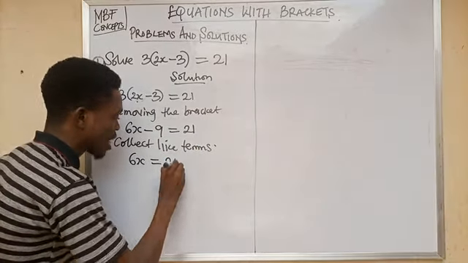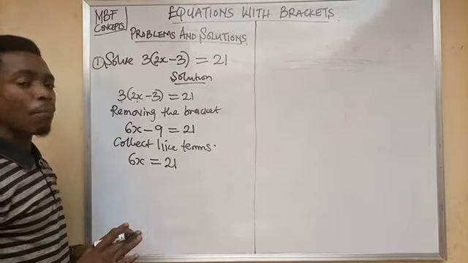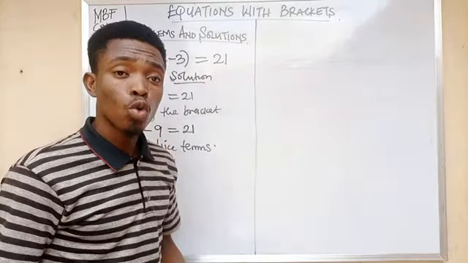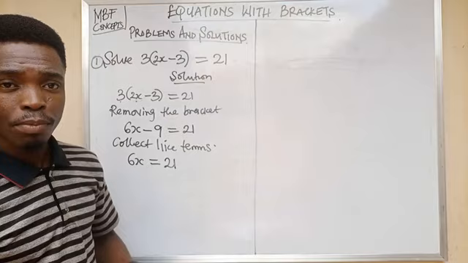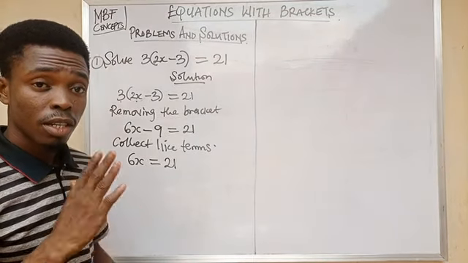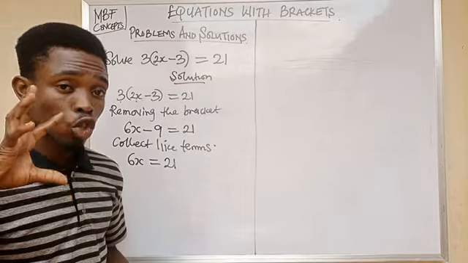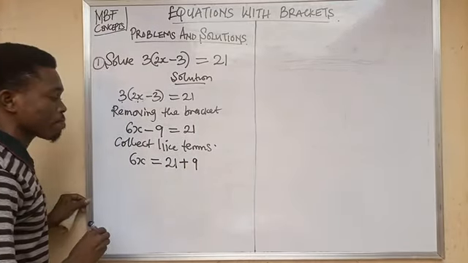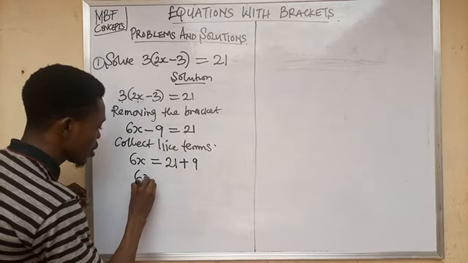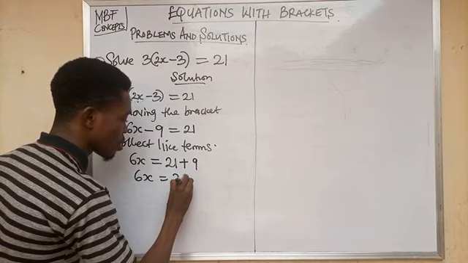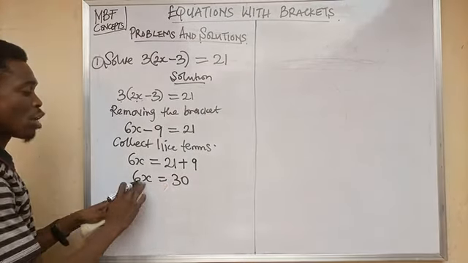So you put down 21. Now, as minus 9 crosses from the left hand side to the right hand side, rule number 3 must be followed, which says negative sign turns to positive. Therefore, we are going to have plus 9. Automatically, guys, this will give us 6x is equal to 21 plus 9, which gives us 30. Of course, we cannot leave our answer like this.